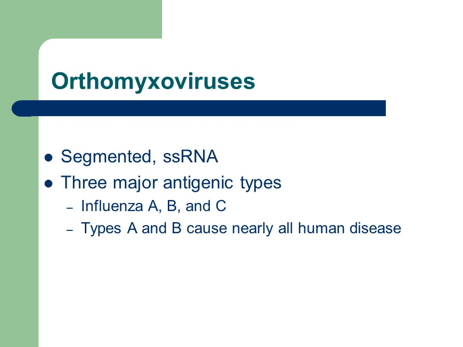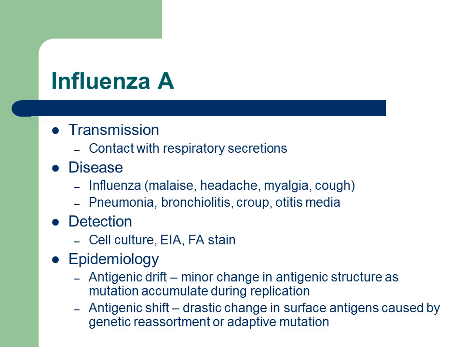Orthomyxoviruses include your influenza viruses. So there are three major antigenic types of influenza: influenza A, B, and C. And types A and B are what cause almost all of the human disease.